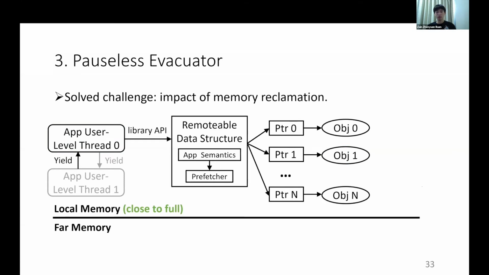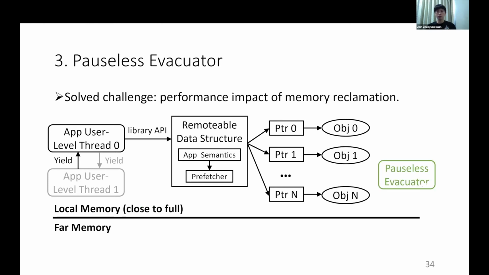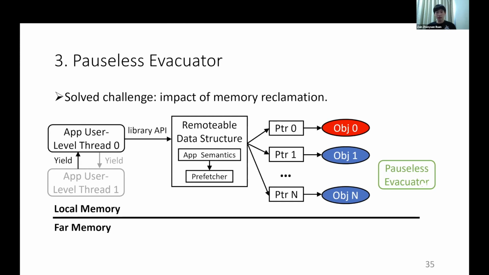As time goes, we use more and more local memory, and it is close to full now. Our runtime evacuator detects the memory pressure and starts proactively to avoid stalls. It easily identifies cold objects using the semantic information maintained by our pointer API.